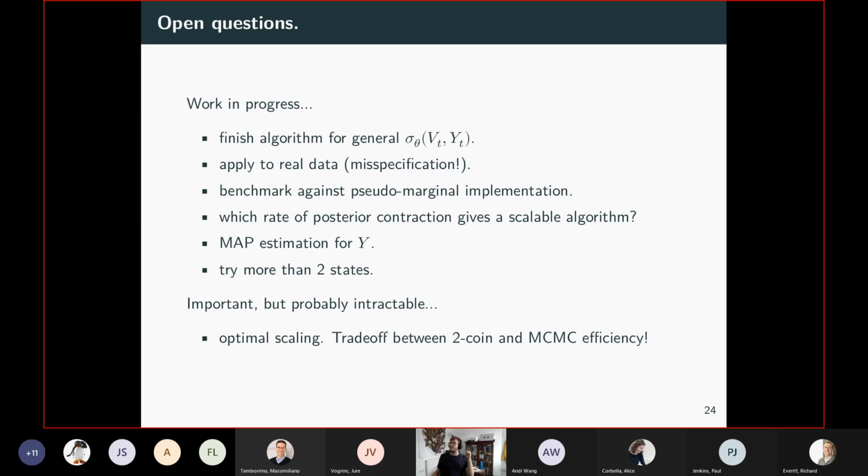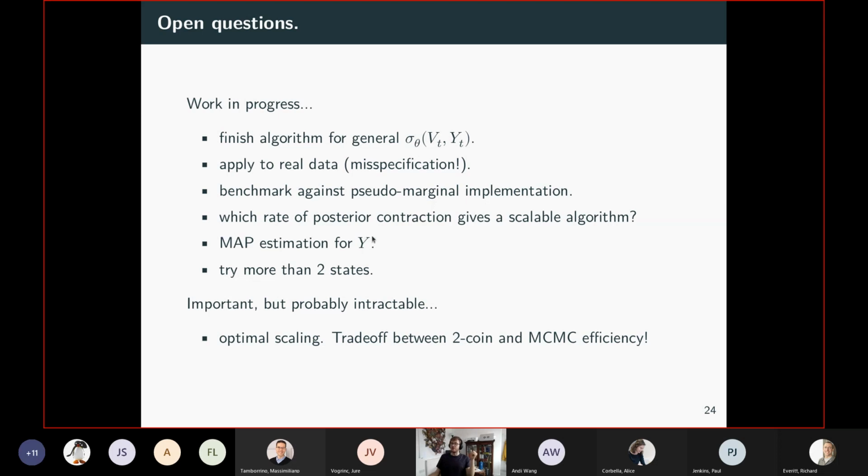We want to benchmark the algorithm based on the Bernoulli factory against a pseudo-marginal implementation. And we'd also like to provide some theory of which rate of posterior contraction we need to keep the optimal parameter step small, and give us a scalable algorithm.